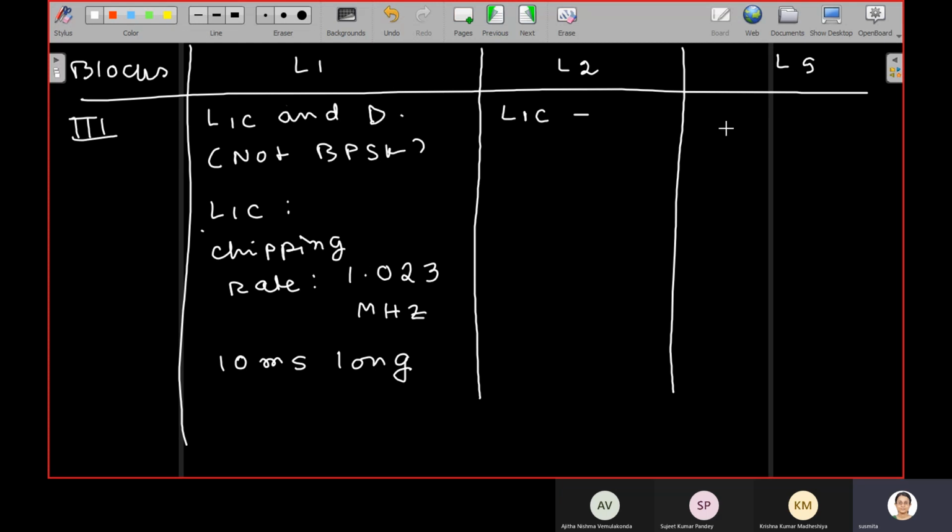Here I'll write the details for I5. I5 and Q5 codes, here also.